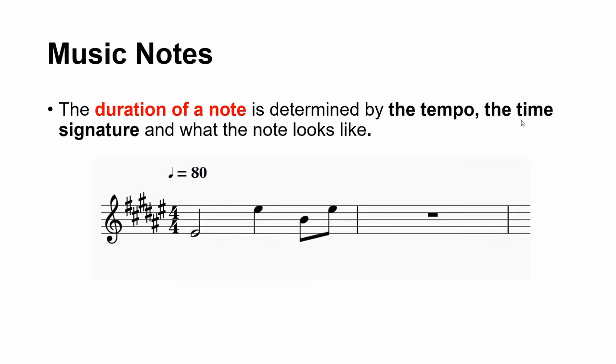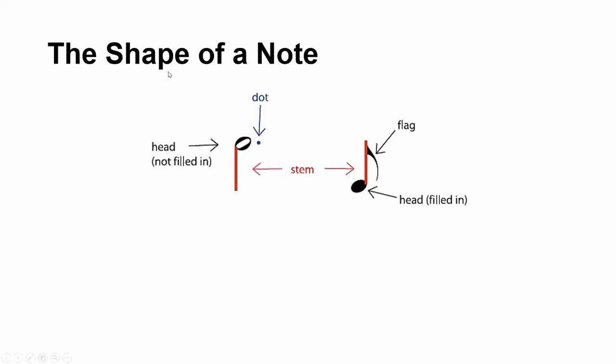Okay, so now let's look at the shape of the note, and let's talk a bit more about what the note actually looks like. Now this is a picture showing you two types of notes, just to describe and label notes, because it's important to know when I mention certain terminologies, you need to be able to understand what I'm referring to.